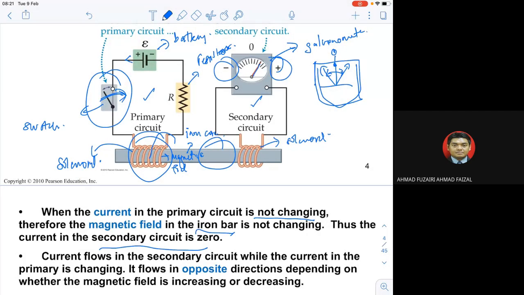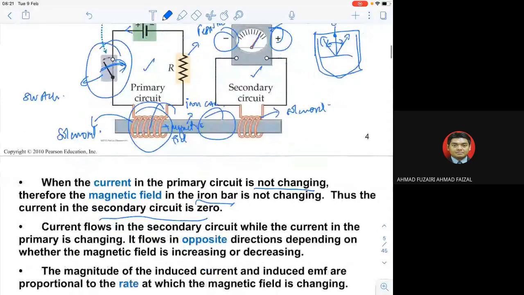In order for the magnetic field to be transferred from the primary circuit to the secondary circuit, you have to change the current from time to time. You cannot have a stable current in the primary circuit in order to have an induced current in the secondary circuit. So that is what Faraday's law experiments are telling you.